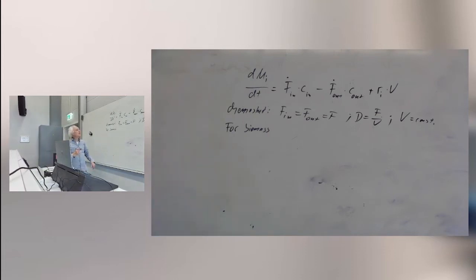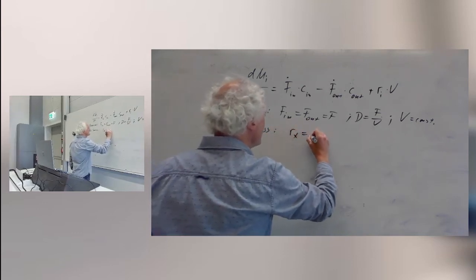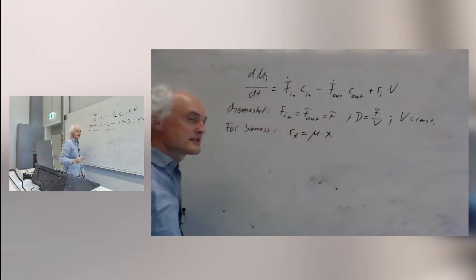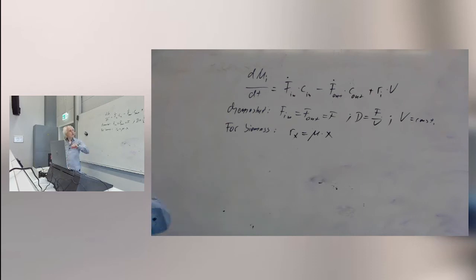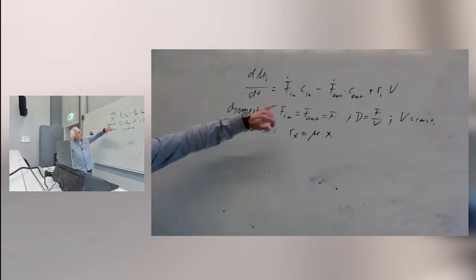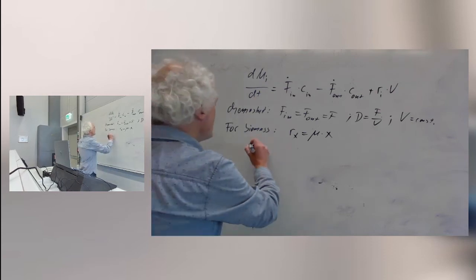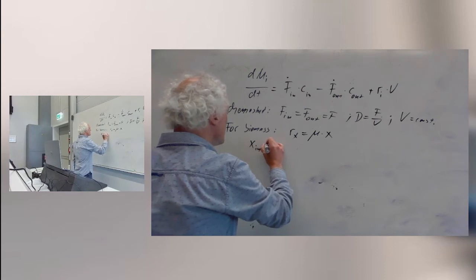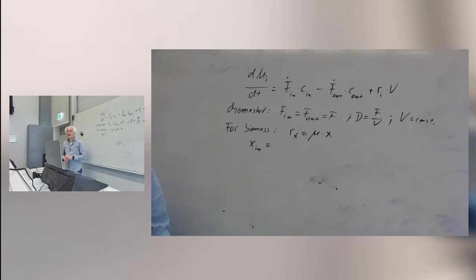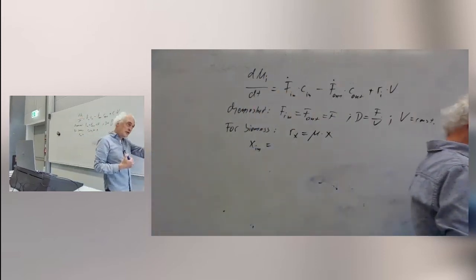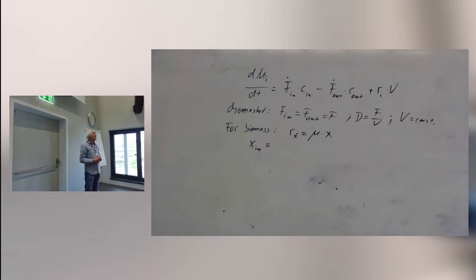But here we now look at the biomass. And for the biomass we know Rx is equal to mu times X. This is of course the same as for our batch culture. So if we use that, we can look at this equation. What is our biomass concentration in the inflow in a bioprocess we do here in our bioreactor? What is our biomass concentration in our feed stream?